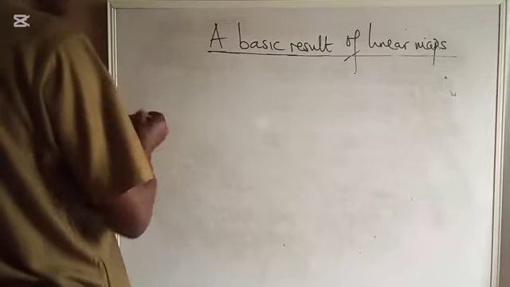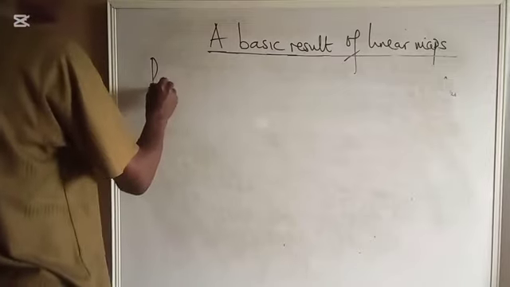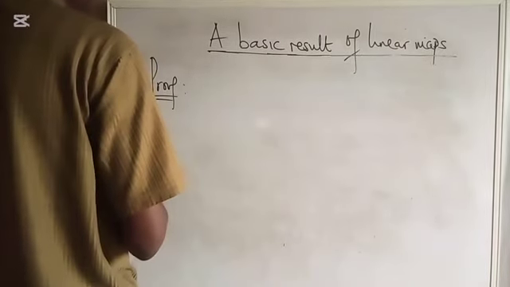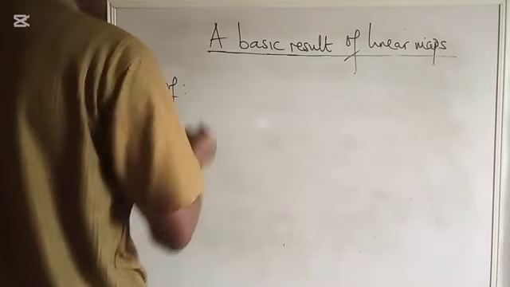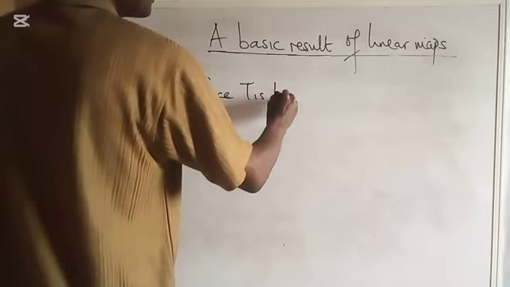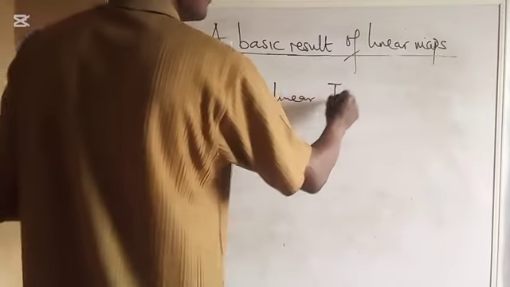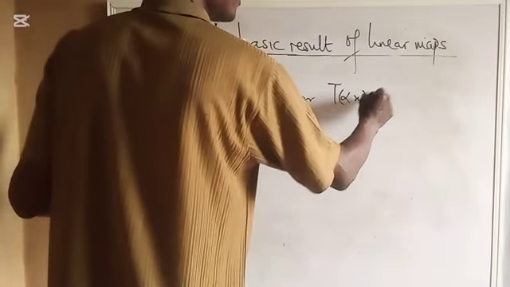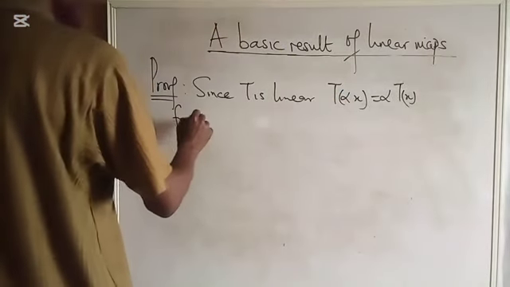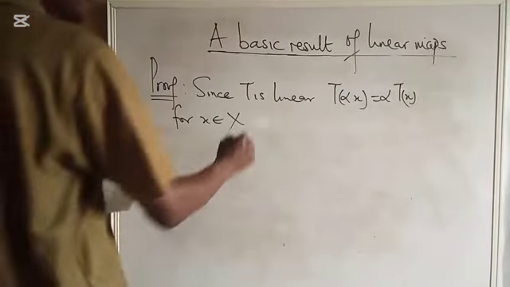Now we prove. We start with the first one. Proof. The first one says T of 0 equals 0. So you can say since T is linear, T of alpha x is equal to alpha T of x for all x in X. Okay?